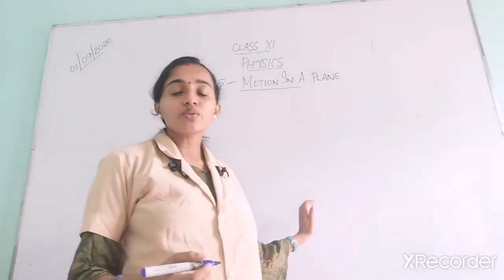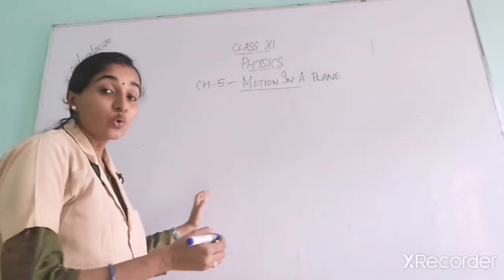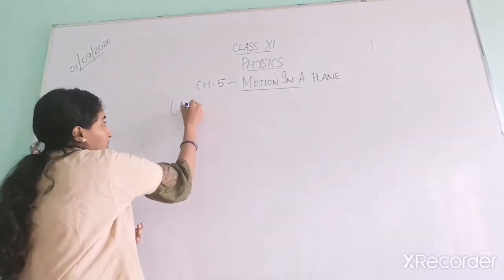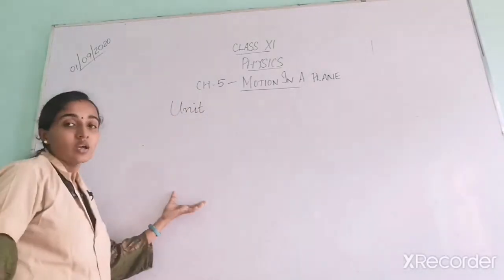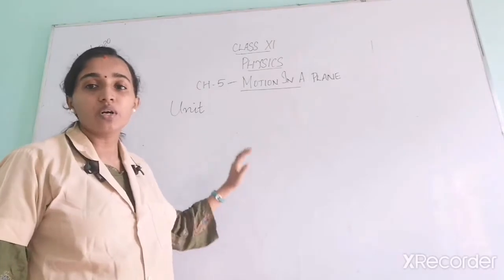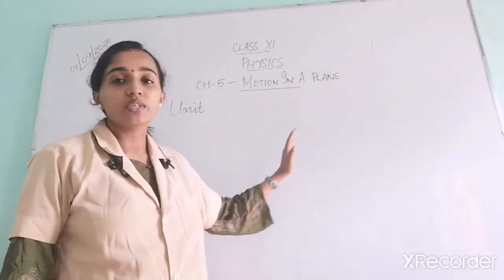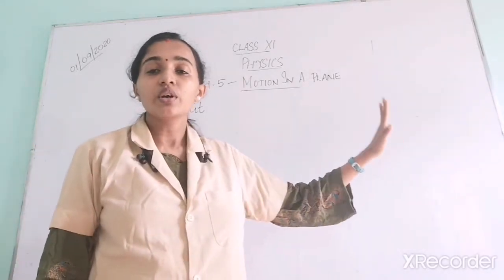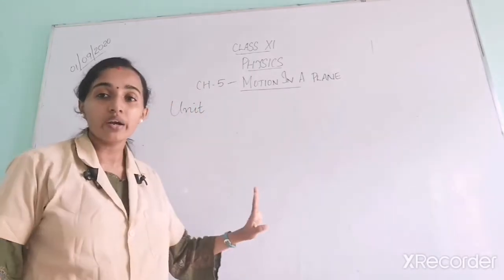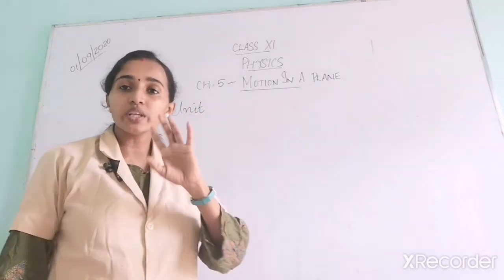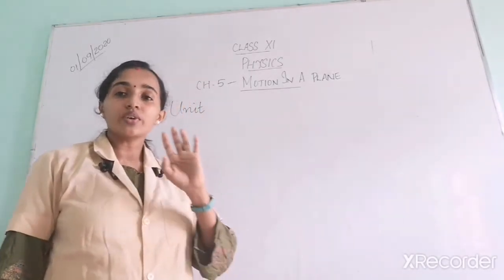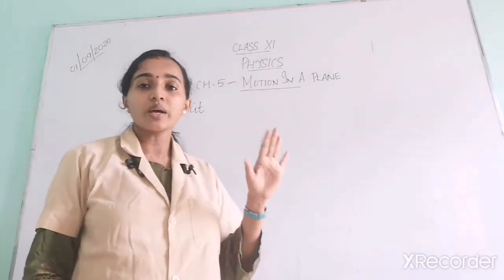Next, what you are going to have is a unit vector. From the word itself it is clear: a vector with magnitude unity, or 1, you call a unit vector. Let us see how we represent it.